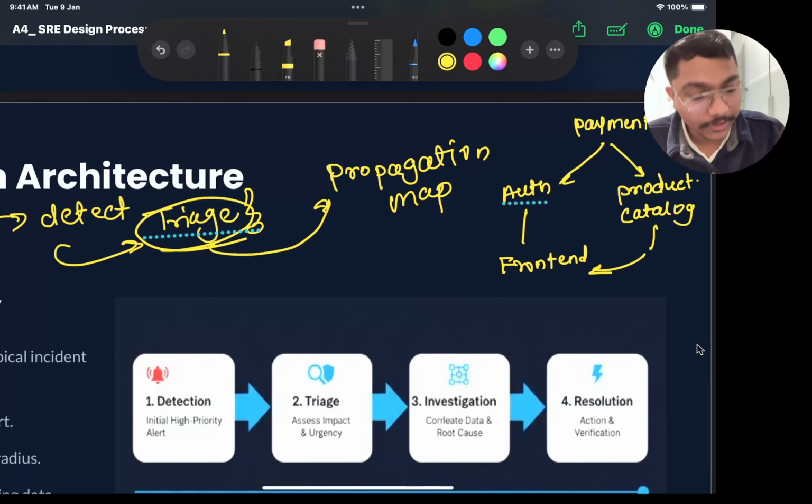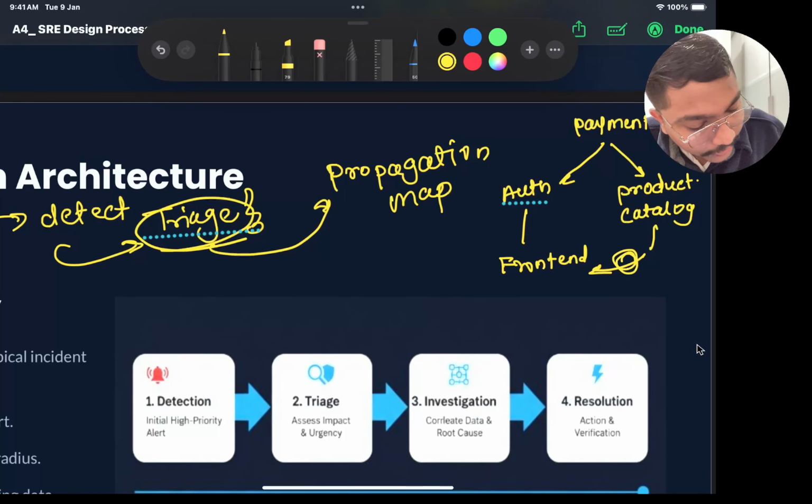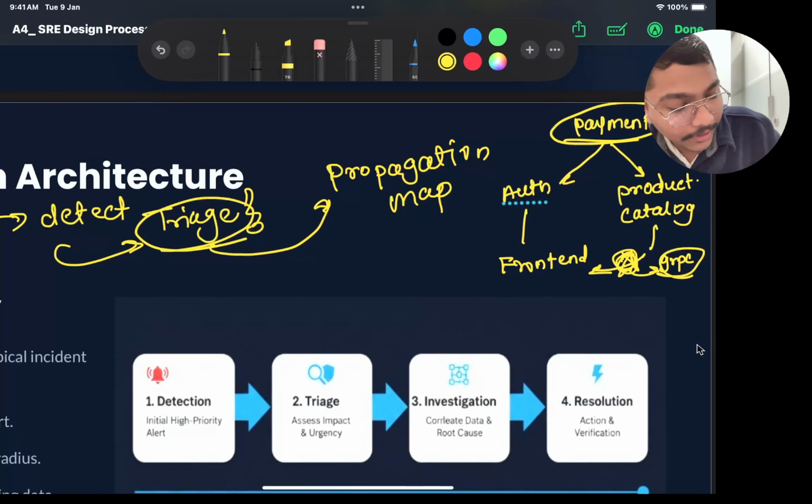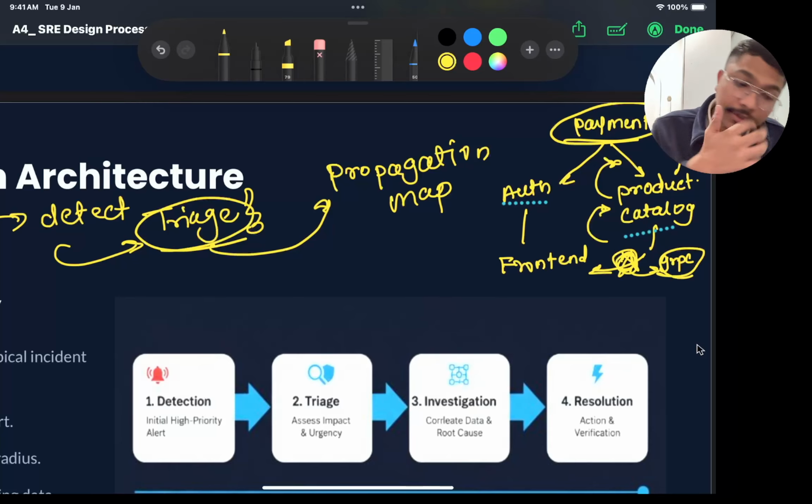Okay, in case my bottleneck is here in this part, in this gRPC, my bottleneck is there. Okay, not a problem. But the payment service is failing due to this, right? Due to this gRPC, product catalog is failing. Due to product catalog, payment service is failing. Okay, so that's the huge issue.